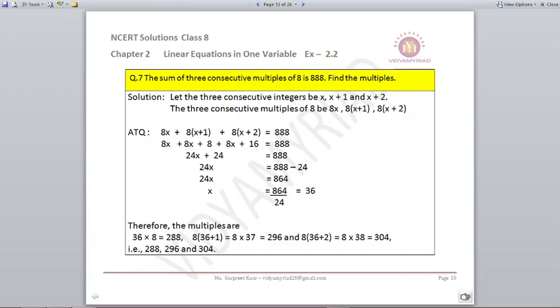So what are the numbers? 8x, so 8 into 36, 288. 8 into x plus 1, so 8 into 37, that is 296. 8 into 36 plus 2, that is 8 into 38, that is 304. So the three numbers are 288, 296 and 304.